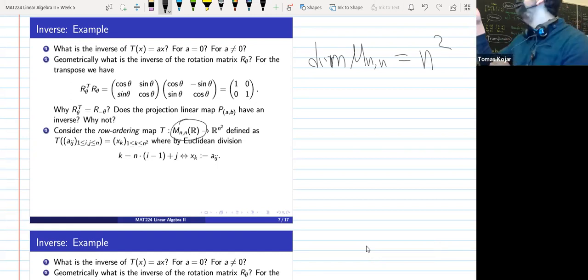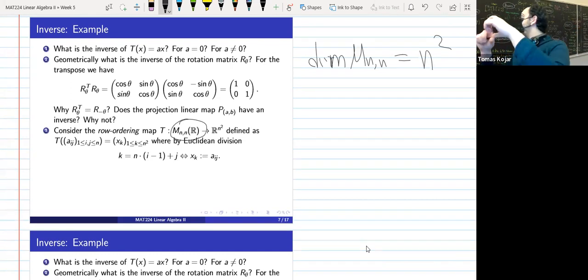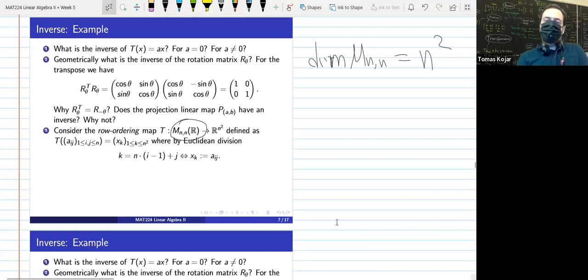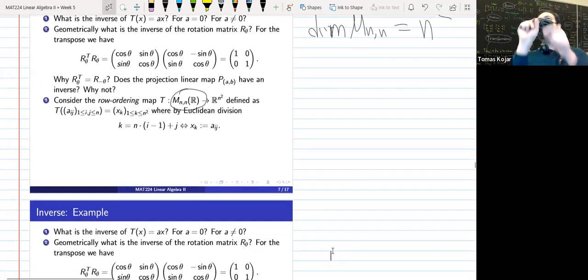It shows up when you want to make a matrix array into a vector. This is called the row ordering map. You won't see it in math; it's not even in our textbook. But I thought it was cool because you need some canonical way to figure out the dimension. You can do it with the basis vectors and a counting argument to get n squared, but I want to give you the map.